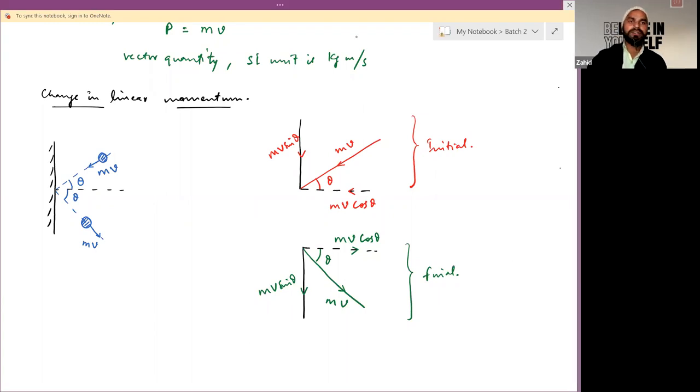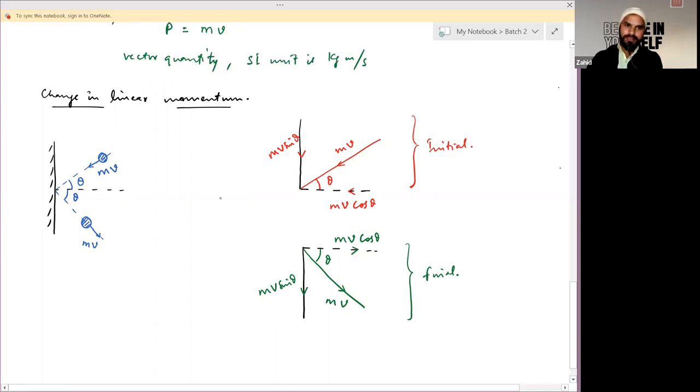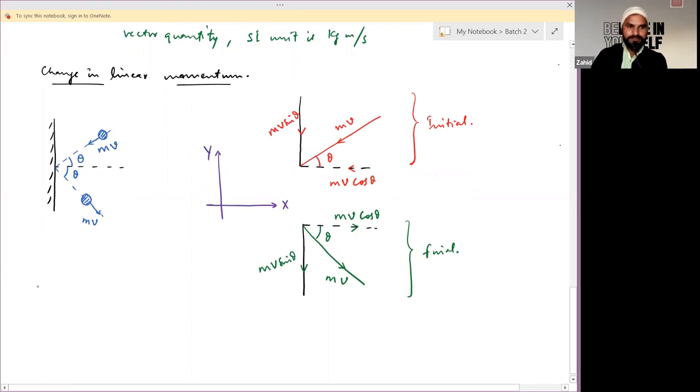Now we have to find change in linear momentum along x-axis and y-axis, for which we have to take coordinate axes. So in the first part, change in linear momentum along x-axis will be P final minus P initial.